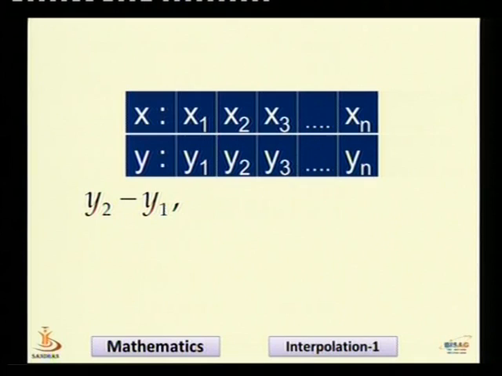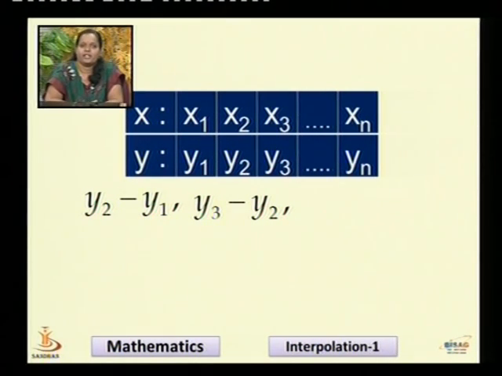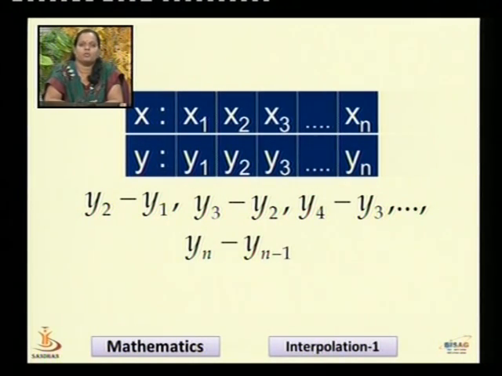Now as you can see from the table itself, y2 minus y1, that is subtracting the second value and the first value. Next y3 minus y2, you can easily visualize from the table. Then next will be y4 minus y3, so on and so forth. It will be yn minus yn-1.